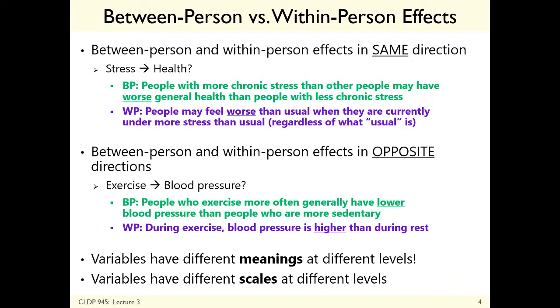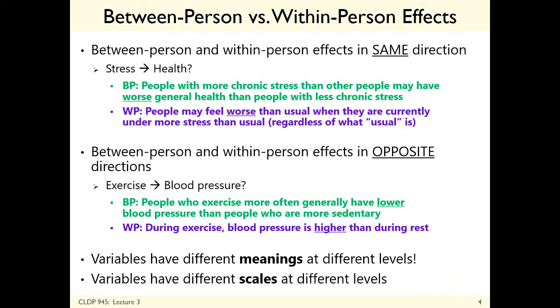Now, how do I express that if stress and health are measured longitudinally? There's at least two possibilities. Number one, people who are more stressed out chronically than other people have worse health than other people. I don't need a longitudinal study to see if that's true. I only need a cross-sectional study.